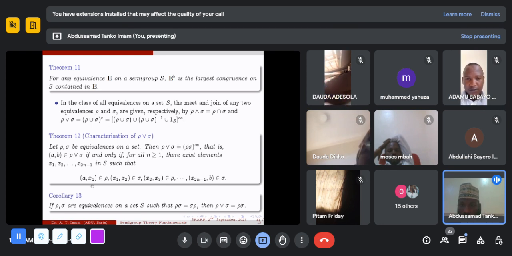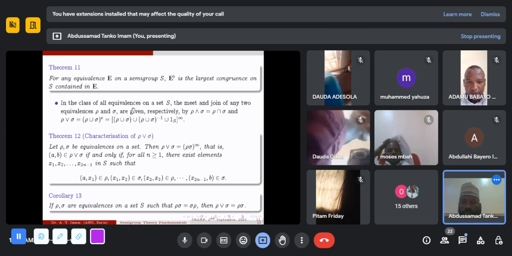And so here, just to go back to the discussion on equivalences, you can do this discussion from this point to the end, maybe on a set. It doesn't have to be a semigroup. So if you remember, in the class of all equivalence relations there is the order relation of containment.